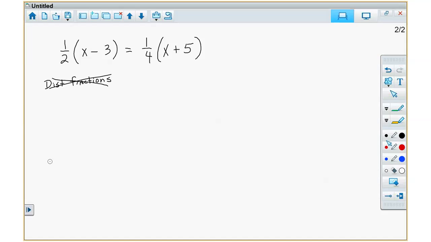So what I tell students to do is clear the fractions by using our old buddy, common denominator.